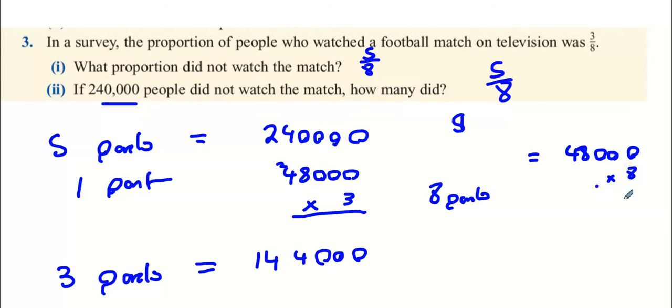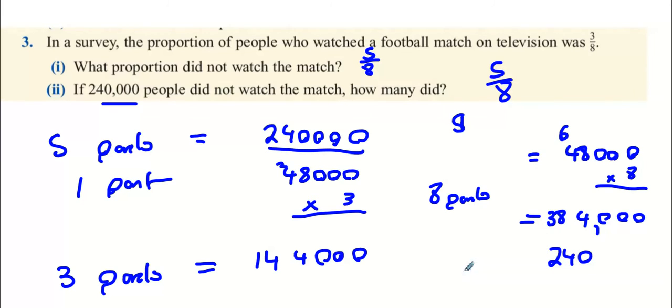When you multiply this by 8, you get 0, 0, 0. 8 times 8 is 64. 4 carried is 6. 8 times 4 is 32, plus 6 is 38. So there are 384,000 people in total, the total amount of people interviewed. But if you take away the 5 parts, 8 parts subtract 5 parts will give you 3 parts. And that will give you your 144,000.